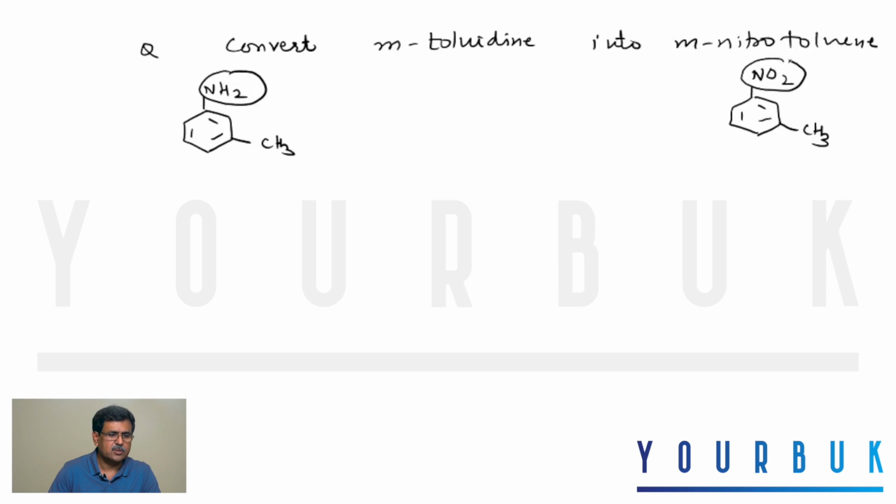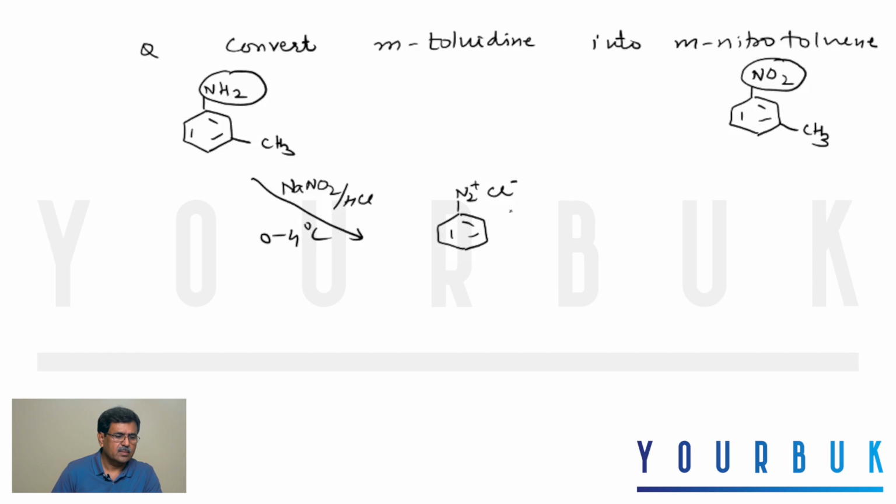via benzene diazonium chloride like this. So the first step is diazotization. It gives a benzene diazonium chloride. Then we convert into another diazonium salt using HBF4.